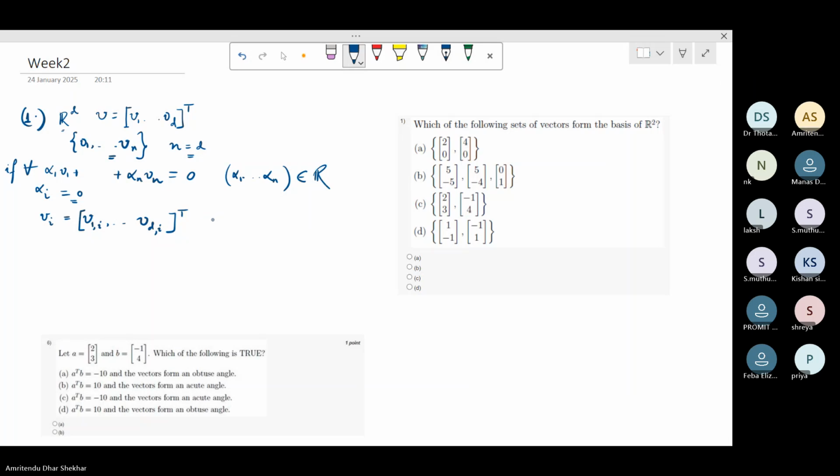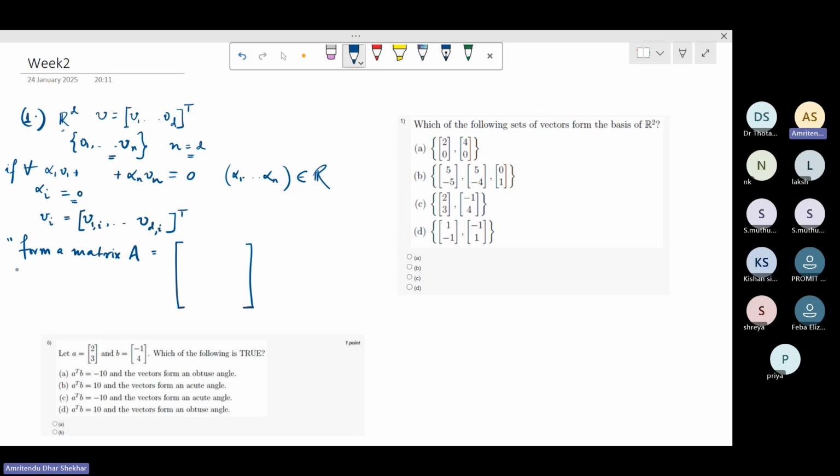Form a matrix. So let me write it down. Form matrix A, where the i, jth entry of this matrix is basically, so every column of this matrix is the corresponding vector.